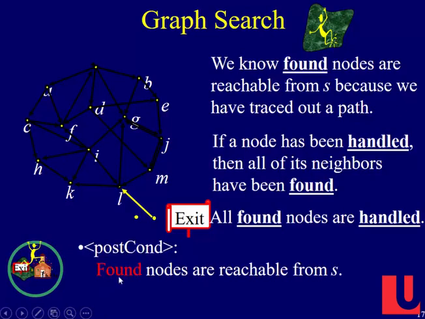Now, can you prove to me that found nodes are reachable from S? Yes. If it doesn't have any neighbors, then all its neighbors are found.